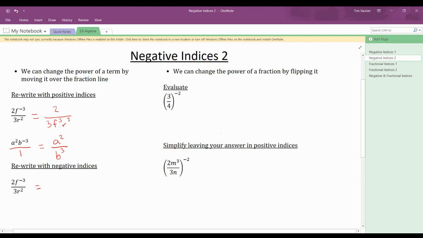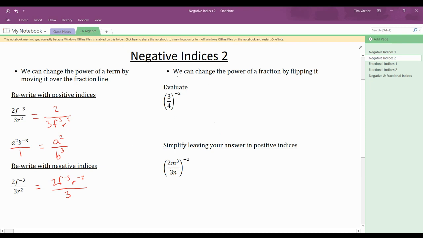And so to change the r squared to r to the power of negative 2, I can rewrite it on the top. And this is an important thing to understand because it allows you to work flexibly with powers and indices, changing between positive and negative. So this would be how we could write this problem, but only with negative indices.